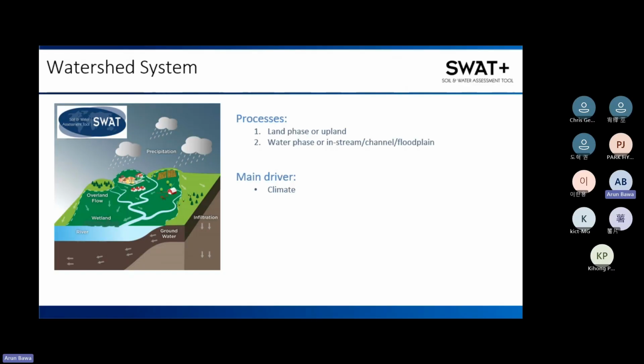They are not changing that much with time. But climate is the main dynamic variable, which is changing every day. So you will set up your model with the land cover, soil, and topography. Once the model is set up, our main dynamic, controlling variable would be the climate. All the processes will be controlled by how the climate behaves and how these three respond to that dynamic variable. So that's why our main driver would be climate.